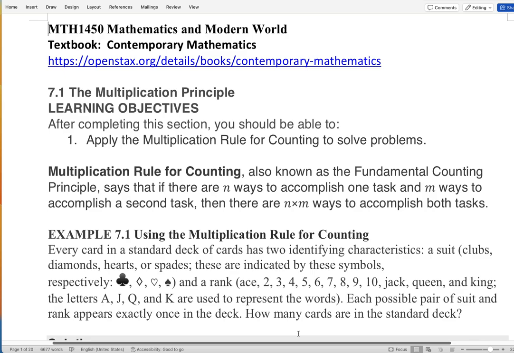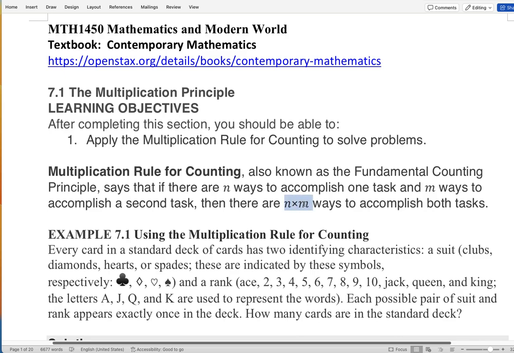Let's assume you need to carry out a task and it's going to take multiple steps. For the first step, there are n ways to complete it, and there are m ways for the second step. So overall, the total number of different ways to accomplish the task from step 1 and step 2 would be n by m.